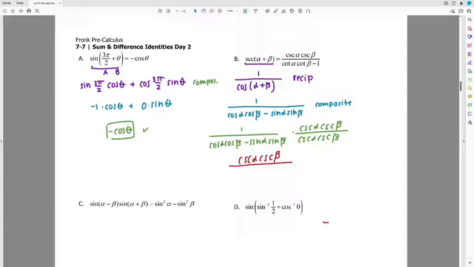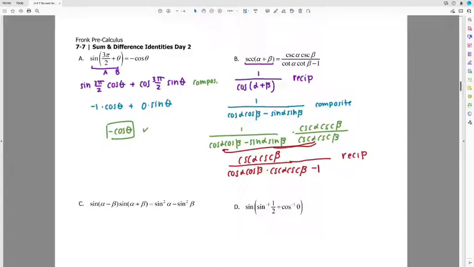And then cosine alpha, cosine beta times cosecant alpha, cosecant beta. I'm going to leave that because that's going to require a different identity to list. But cosecant alpha, cosecant beta times sine alpha, sine beta, well, sine and cosecant, they're reciprocals of one another, so we have that minus 1 there.